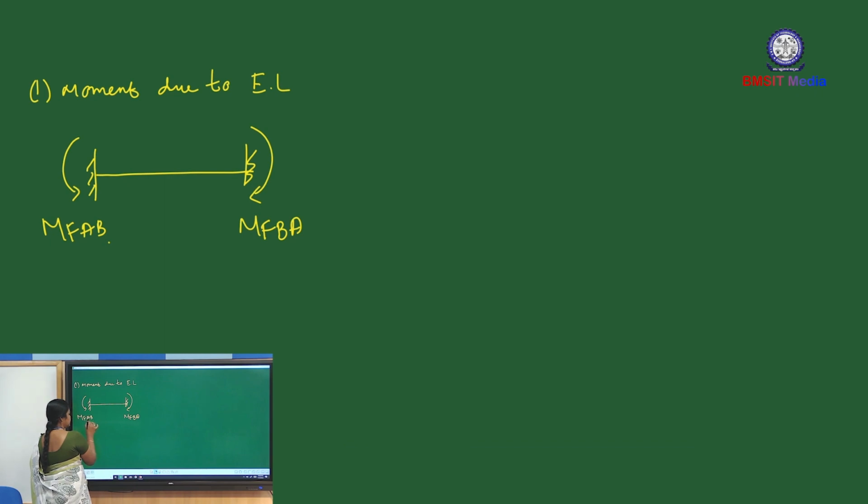Here A B means the first subscript denotes the end, fixed end moment at A of the member AB. This is member AB, moment at end A of the member AB. Here M F B A means fixed moment at end B of the member AB. So this is moment due to external load.